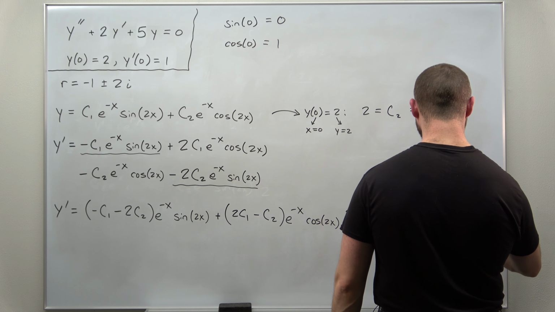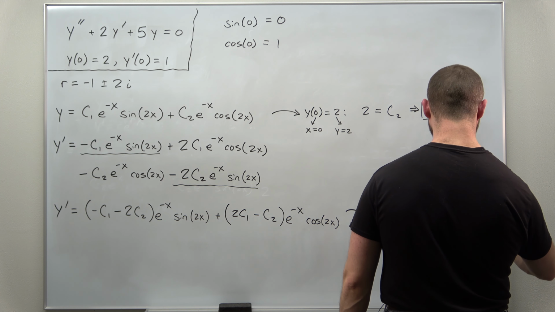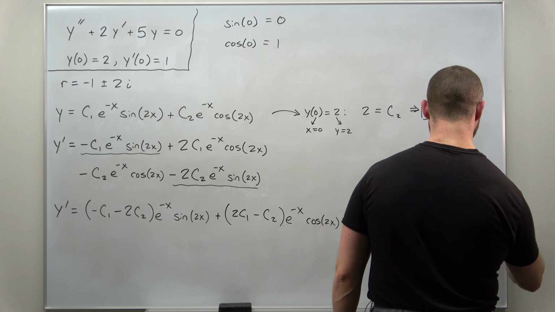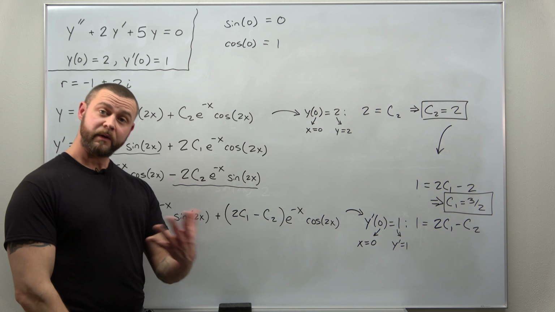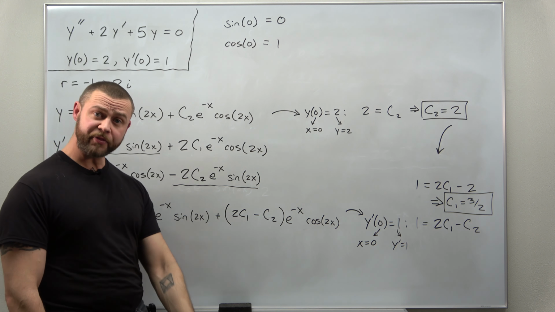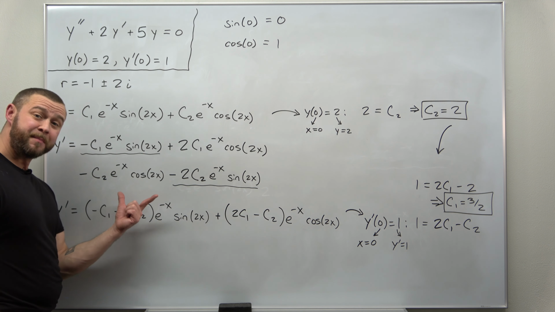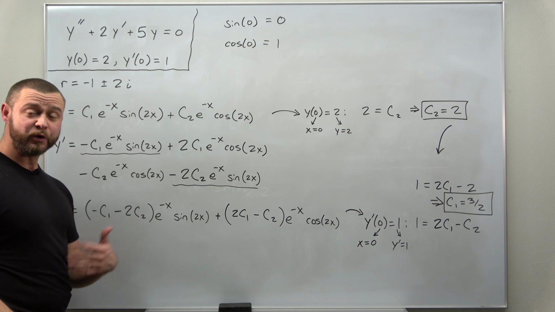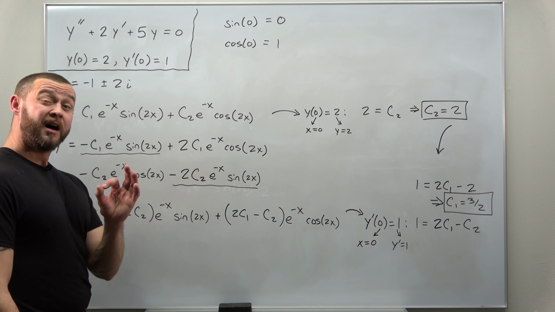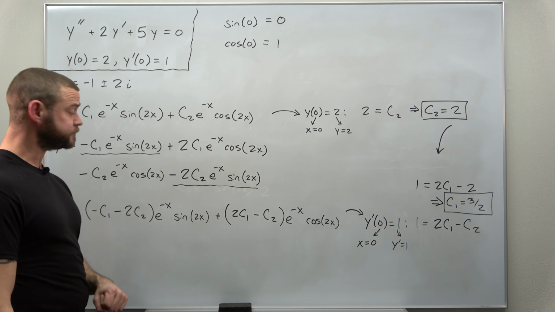Looks like what we should get there is c1 as 3/2. And that's it. Most of the work that we went through here was implementing the product and chain rules twice. And that just goes along with the case of complex solutions.